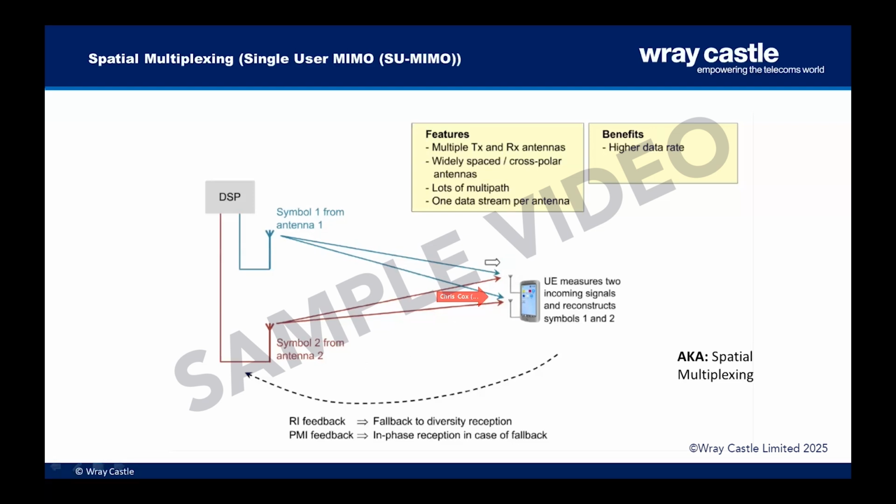Nonetheless, the mobile can make two separate measurements at its two antennas, and by doing so, it can recover the two quantities previously unknown to it, the two transmitted pieces of information, essentially by solving a pair of simultaneous equations.